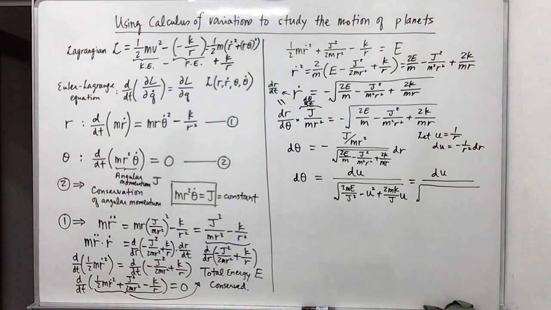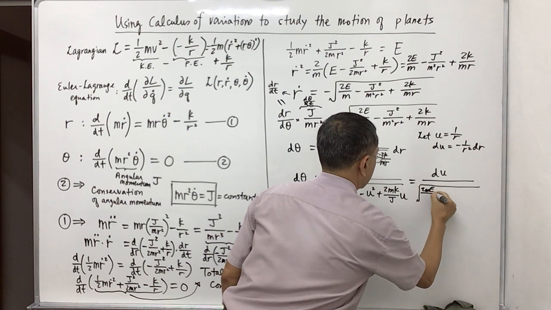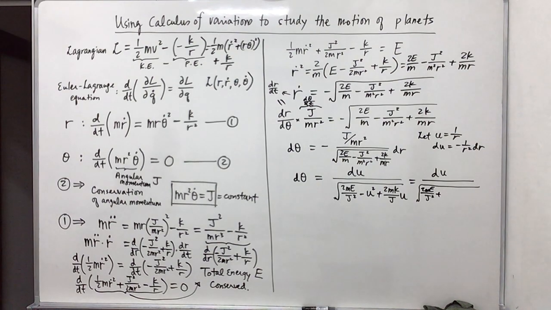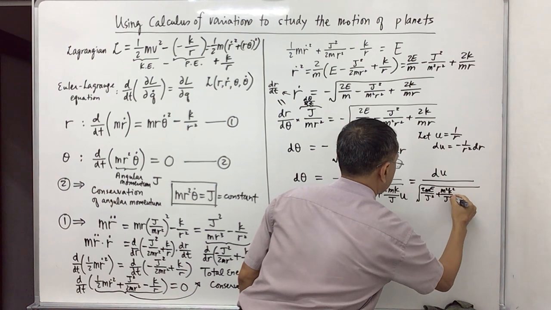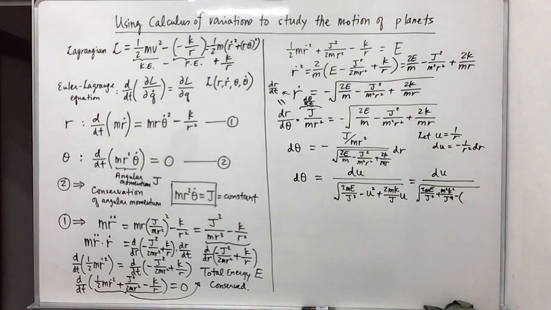And that will be, I'm going to just write it down. 2me over j squared plus m squared k squared over j to the fourth, and minus away a whole block, which is the completed square, u minus mk over j, over j, is it j or j squared?